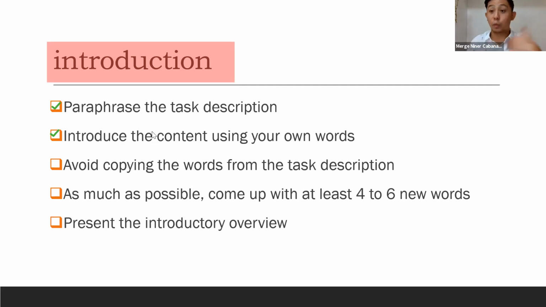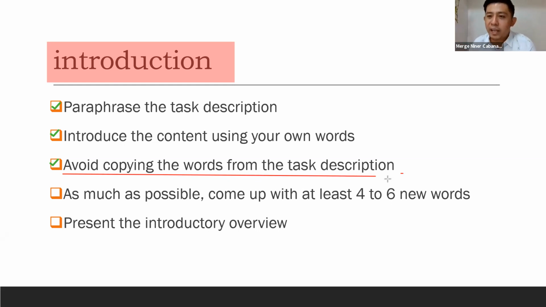So we will be using synonyms. Avoid copying words from the task description. It is important that when you introduce your statistical report, you underline words from the task description. We underline words strategically, not because we want to copy them, but because we want to avoid copying them.